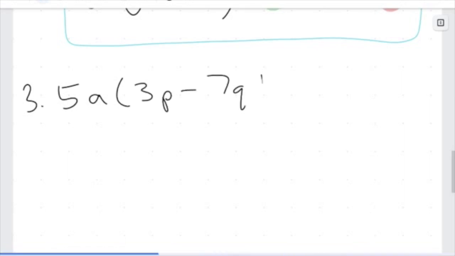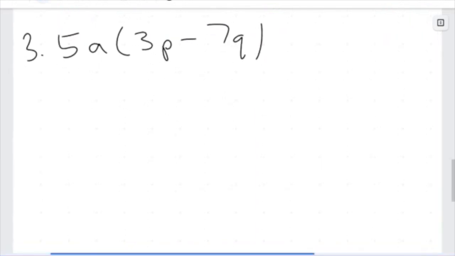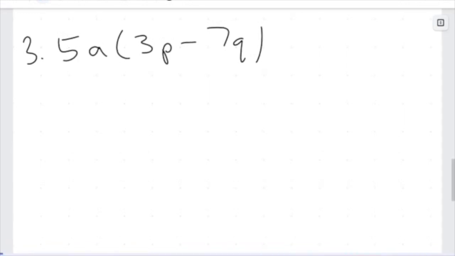Now, I've got a lot more pronumerals here, which does make it harder, but there's nothing to be worried about. We can approach this in the same way.